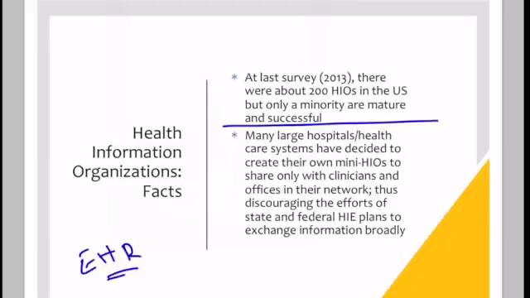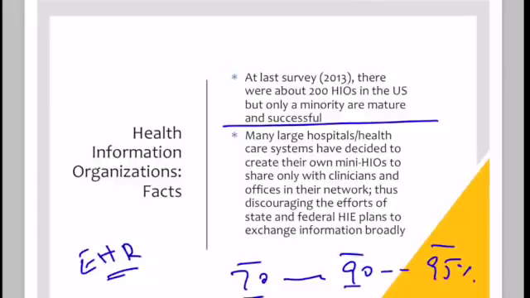Around 80%, ranging from 70 up to 90, and some around 95% of hospital systems have an EHR system, but not all are mature in terms of their meaningful use. Same with health information organizations, the health information exchange domain is not that mature.